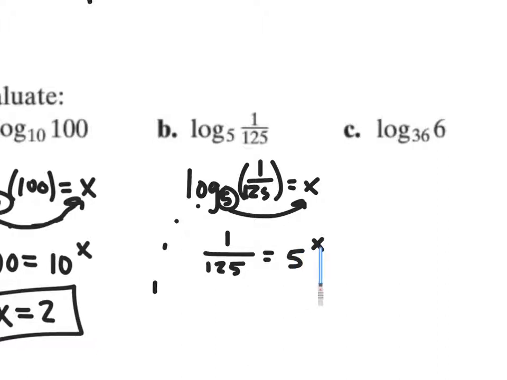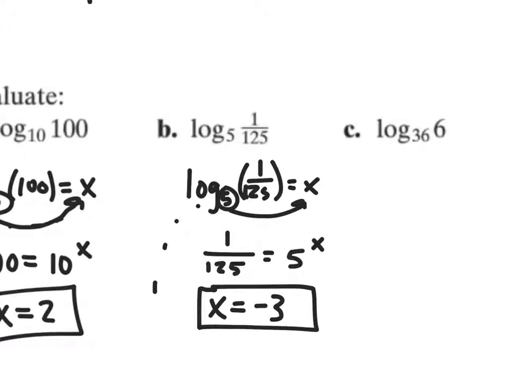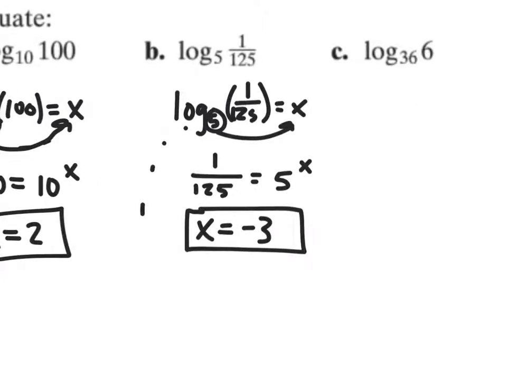If I plug in a positive number here for x, it's going to get really big. But if I plug in a number that's smaller than 0, a negative number, that's going to give me 1 over 125. And the value that we're looking for is x is equal to negative 3. So we have to think about the concept of the graph in order for us to evaluate these logs.